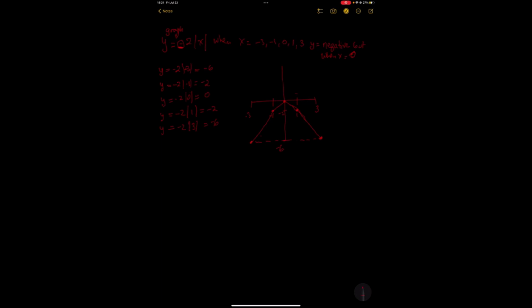So this is the thing: whenever the absolute value has a negative number in front of it, the highest you can get is 0. Here we have negative 2 times the absolute value of x, so the highest you can get is 0. If it were positive 2, the lowest you could get would be 0. That's how absolute value actually works.